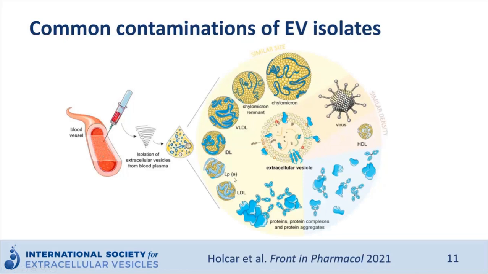In this figure, we can see that chylomicrons, very low density lipoproteins, low density lipoproteins and protein particles have similar size distributions to EVs. In addition, high density lipoproteins and viruses have very similar densities to EVs too.